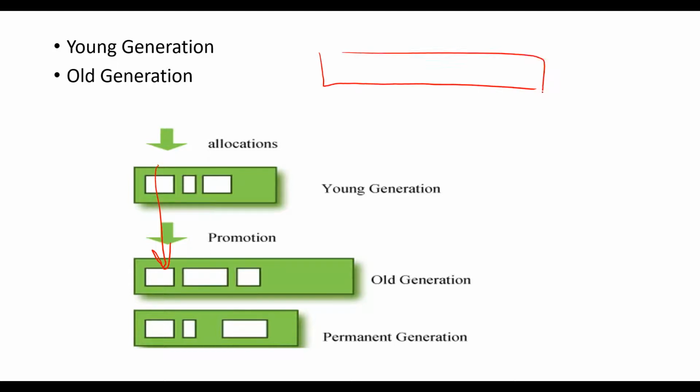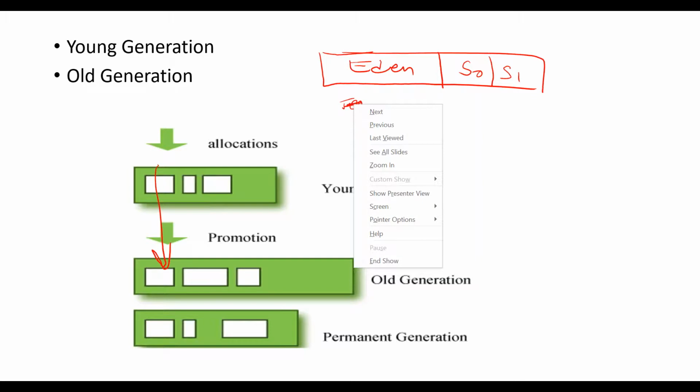So this is your Eden space, in the young generation, and then you have S0 and S1, right? There is a criteria based on which the JVM decides to promote the objects inside the Eden space. So what is that criteria? You have the tenuring threshold.